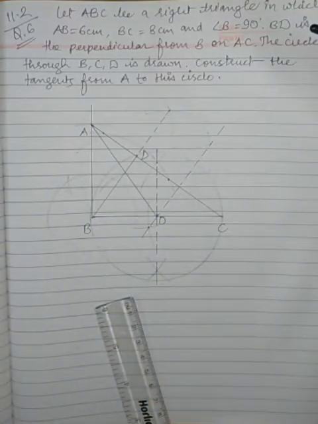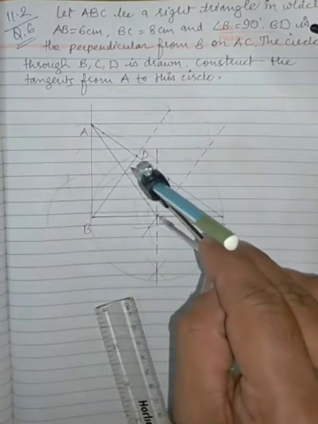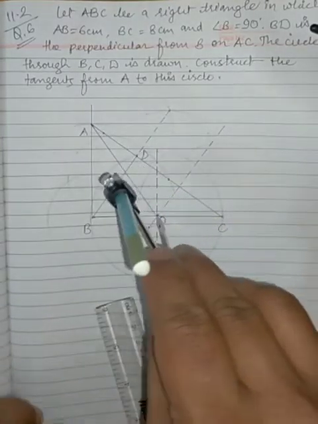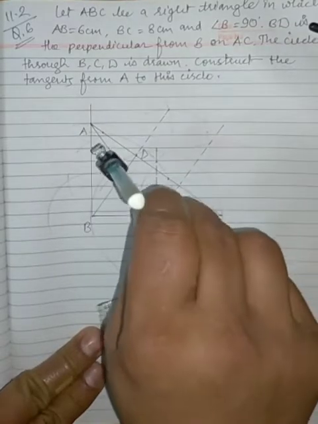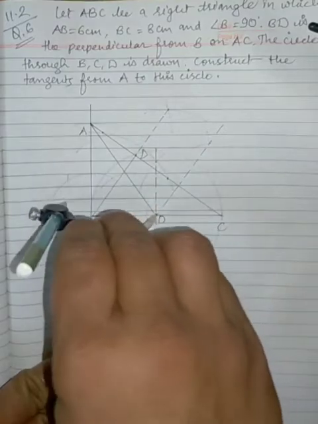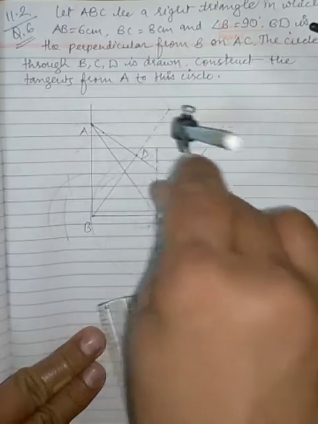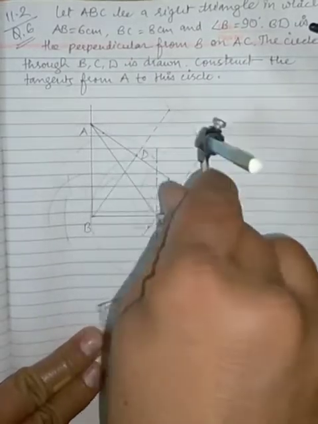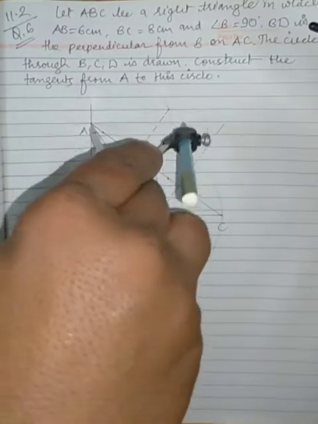Okay, then we have to find the perpendicular bisector of AO, as we always do. So we'll take the radius more than half. From O, two arcs, one here and one here. From A, two arcs, one here and one here.